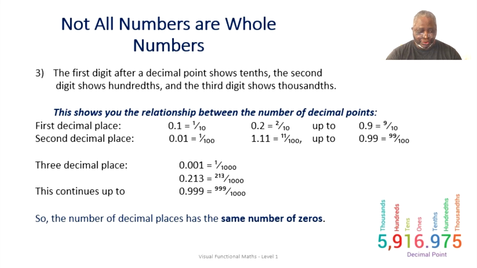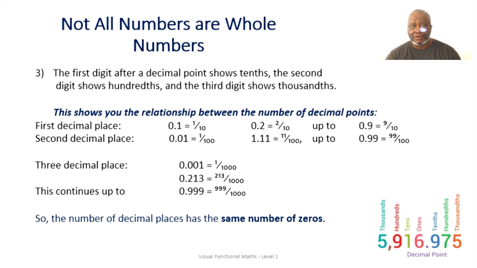The following will show you the relationship between numbers of decimal places. The first decimal place is over 10. For example, 1/10, 2/10, up to 9/10. The second decimal place is when you divide those decimal places from 1 to 10 in the first digit and you add a second digit.